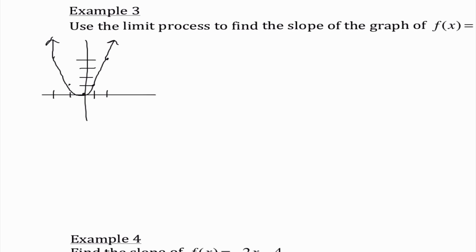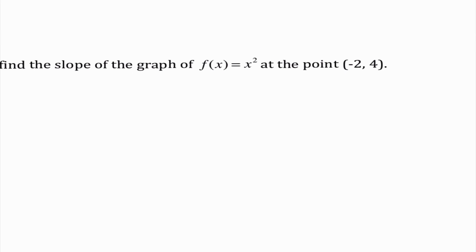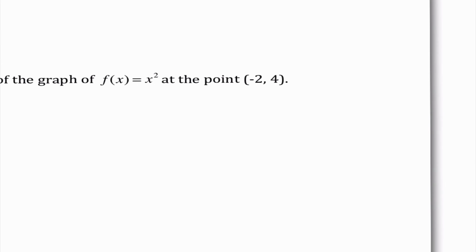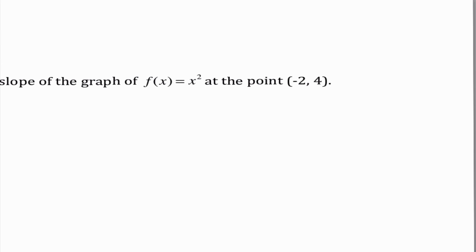And they're saying we want to find the slope at this point. So even though my tangent line is not perfect by any means, I can kind of give myself a little picture of what that would look like. And some things that I know right away, it should be a negative slope. Okay, so we're finding the slope of the graph, f of x equals x squared, at the point -2, 4.